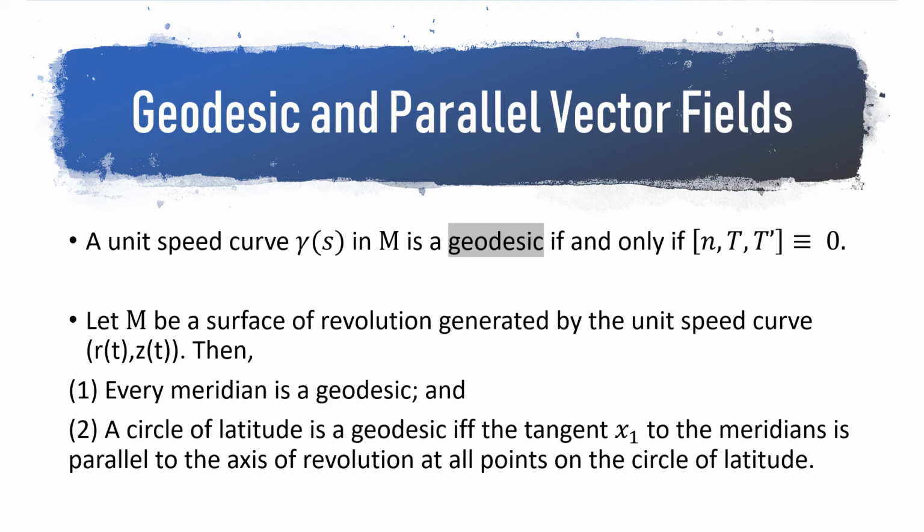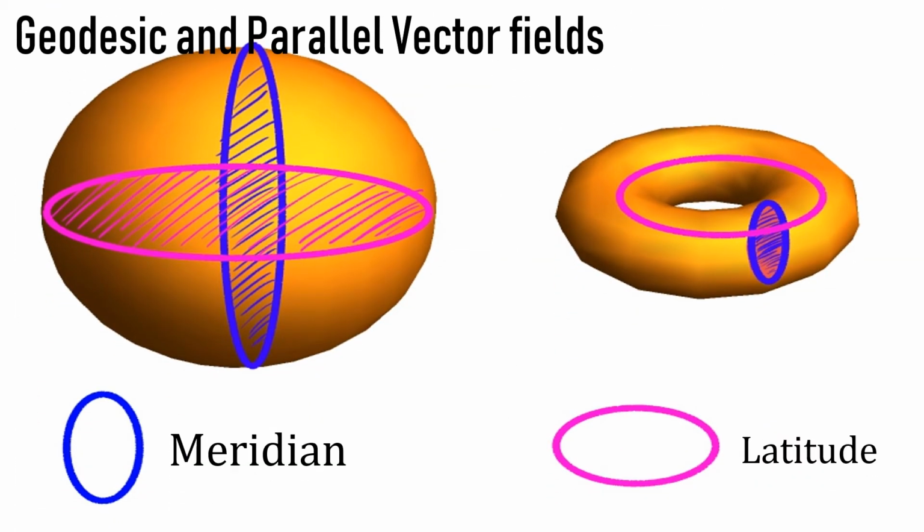So we'll move on to the next slide, because I brought a picture that helps you understand better what a geodesic is, what happens with the parallel vectors if it's geodesic or non-geodesic, and what the meridian and the latitude are. Before we move on to parallel vectors, we wanted to see what meridian and latitude are.